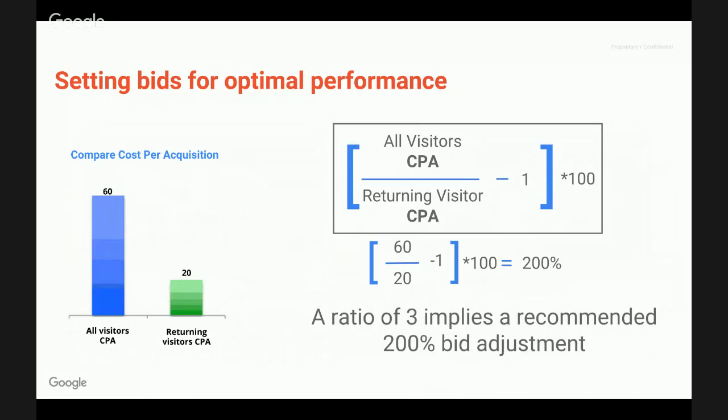The way to calculate the bid adjustment is all visitors CPA divided by returning visitors CPA, minus 1, times 100, and use the brackets to be mathematically correct. So in this case, it's 200% that we should be applying. I know it's a huge number, but don't get scared, because even 200% in some cases is a very small amount.